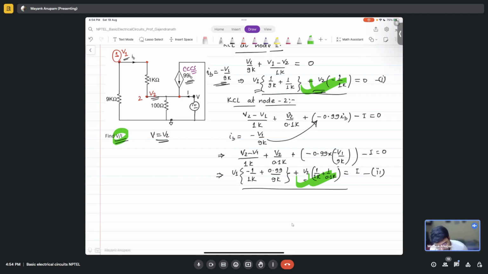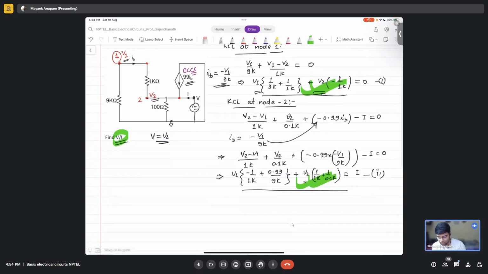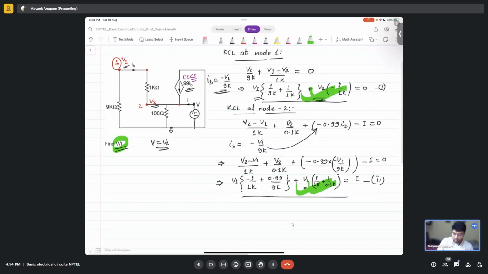Again, here also you can form a matrix. Now that you have the KCL equations, you can form the matrix using those equations. Since we have only two nodes, we have a 2 cross 2 matrix here.